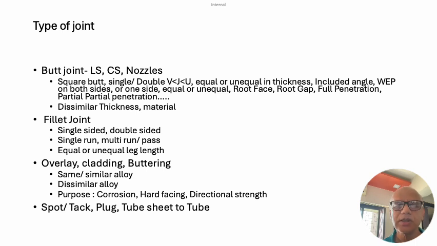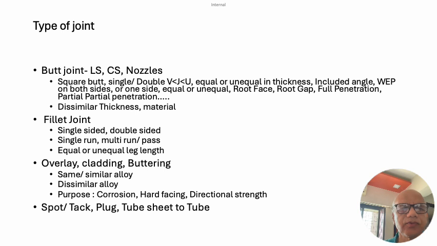And the most important is that after we select the type of joint, then we decide the micro details of this, like root face, root gap, for getting different levels of penetration. And if there are partial penetrations, we can compromise on these root gap, root face, included angle, and other details.